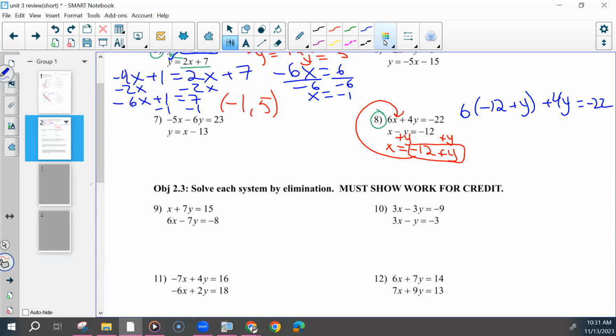Then we have an equation. We're going to solve it. Distribute the 6. We have -72 plus 6y plus 4y equals -22.